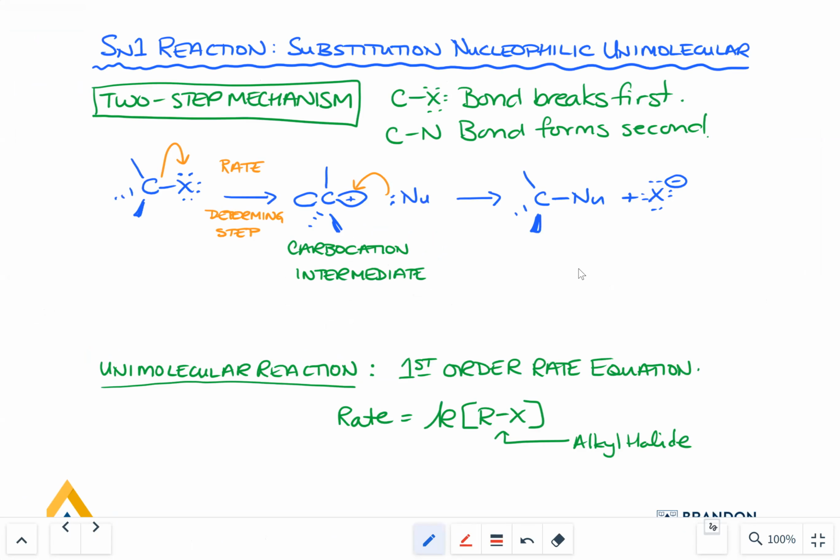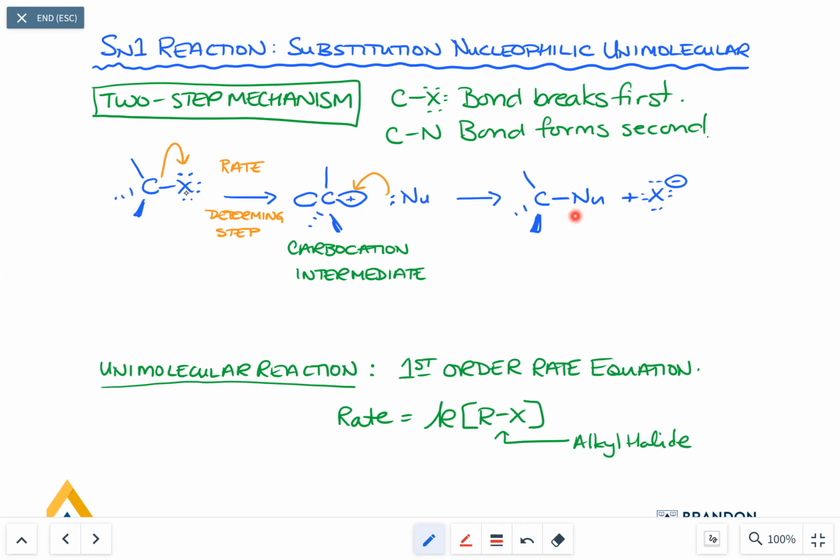And the second one is a unimolecular reaction, in which the carbon-leaving group bond breaks first. And in doing so, we're going to form a carbocation, and then the nucleophile can attack the carbocation, and then you're going to get your substitution product.